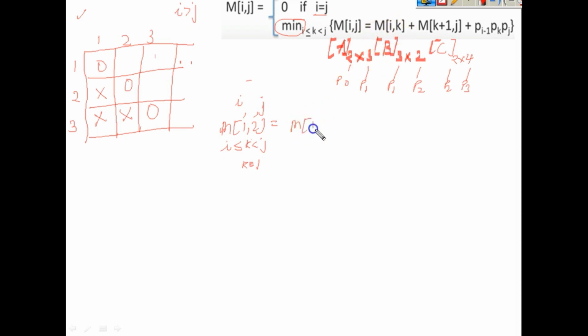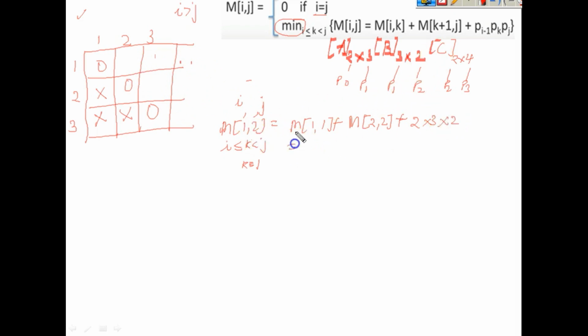M[i][k], i is 1, that is M11, plus M[k+1][j], that is M22, plus p[i-1], that is p0, because i is 1 here. P0 is 2, into p[k], k is 1, so p1 is 3, and then p[j], j is 2 here, so p2 is 2.